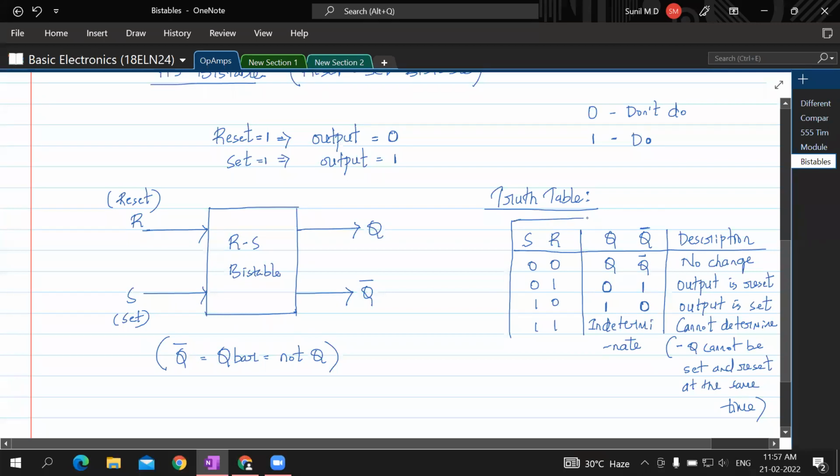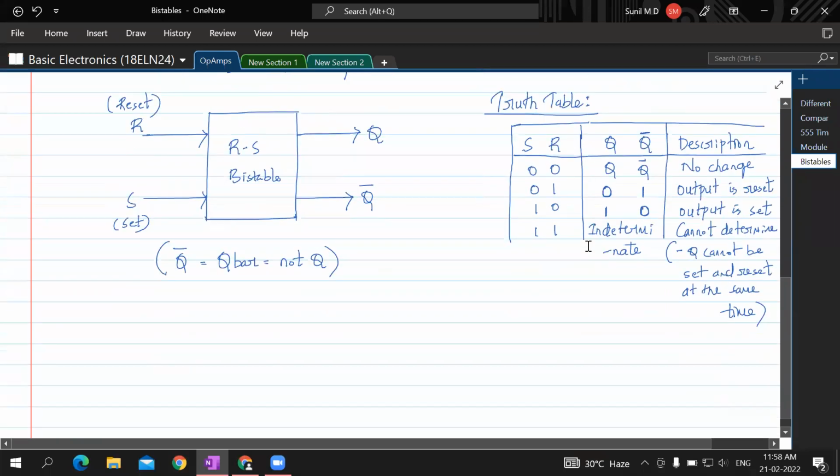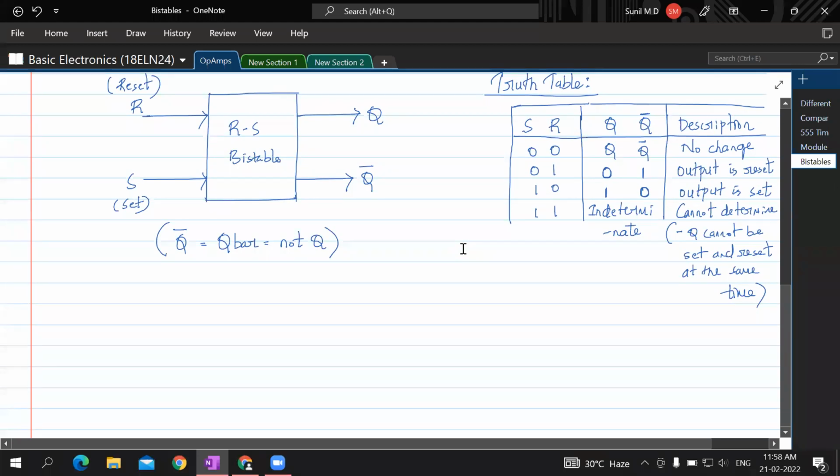So what is this SR bistable all about? Let's see this functionality can be realized by using NOR gates as shown here. So how does the logic diagram or the circuit diagram look like?